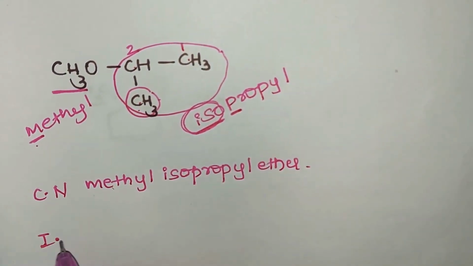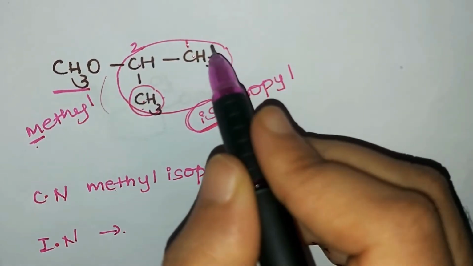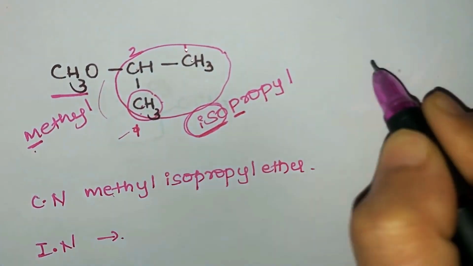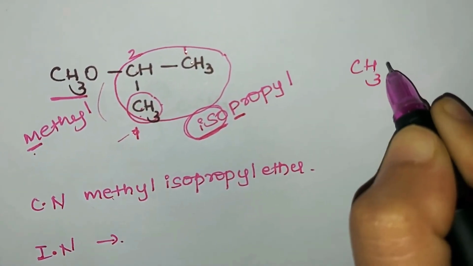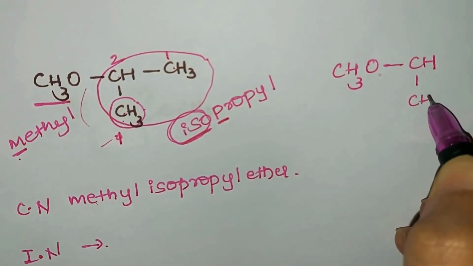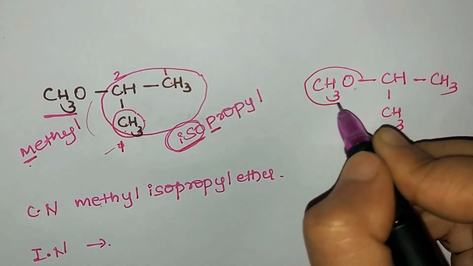We'll write the IUPAC name now, which is the longest chain. So this becomes your longest chain, and when you number it, you are having 3 carbon atoms. We'll consider the smallest group as an alkoxy group. So CH3O is the alkoxy group attached to the carbon chain. We'll number the carbon chain, whichever way you number it.